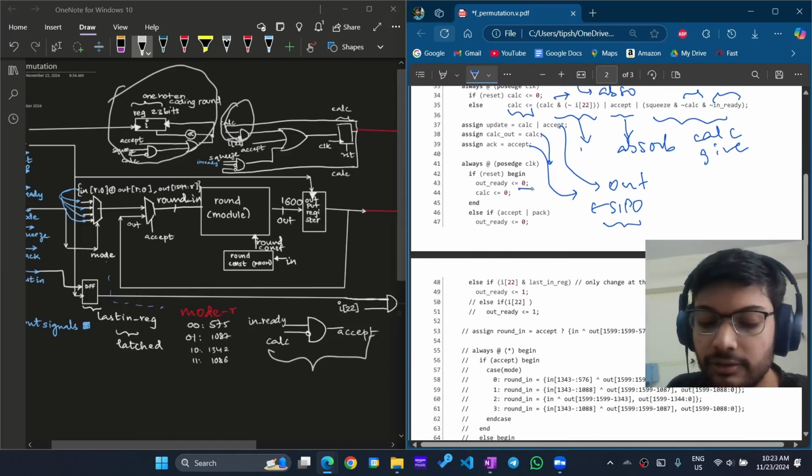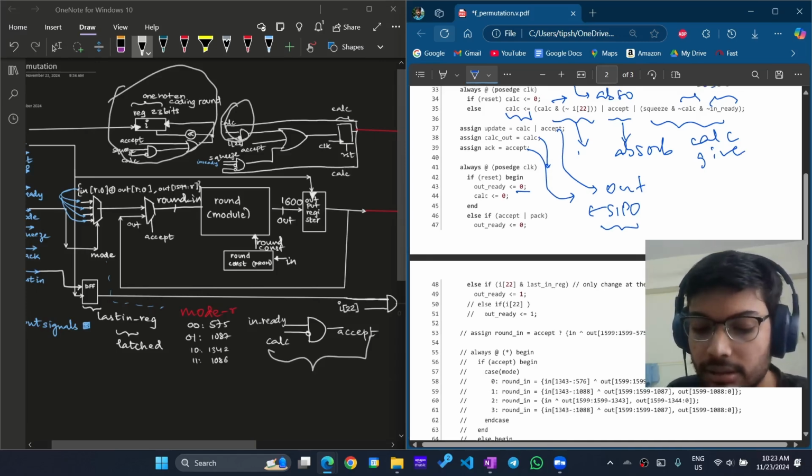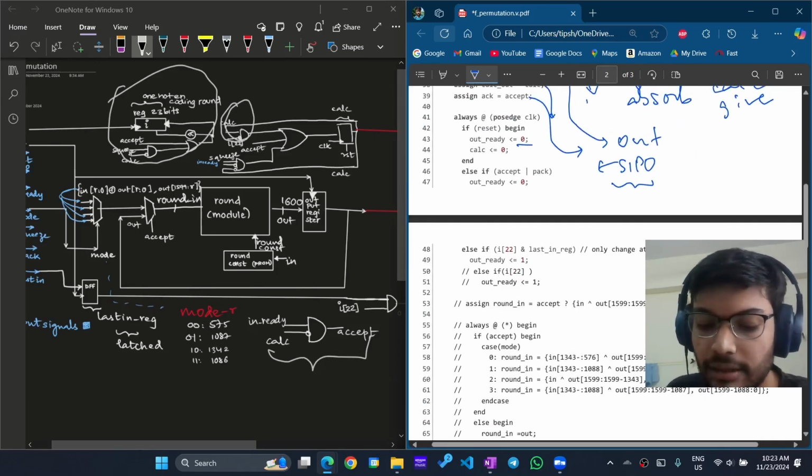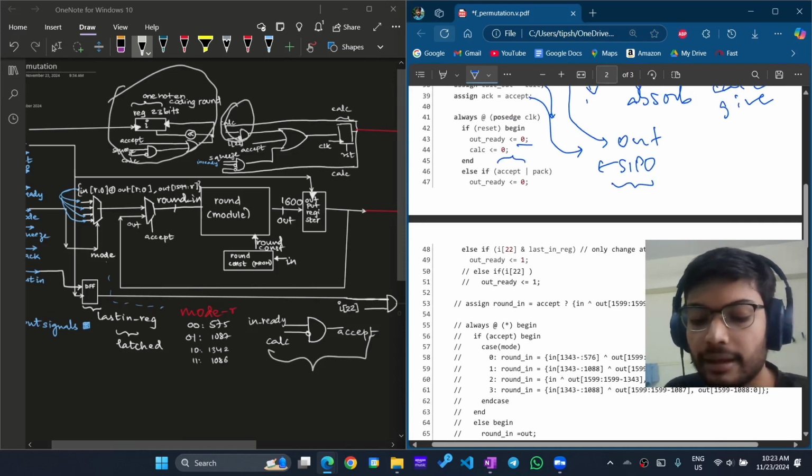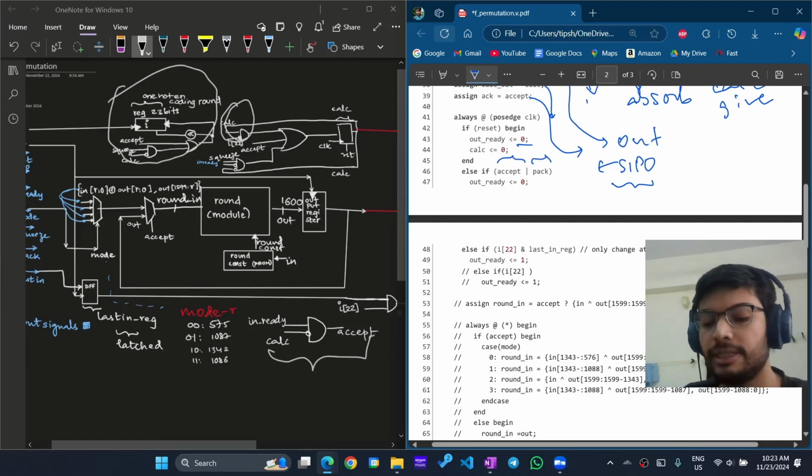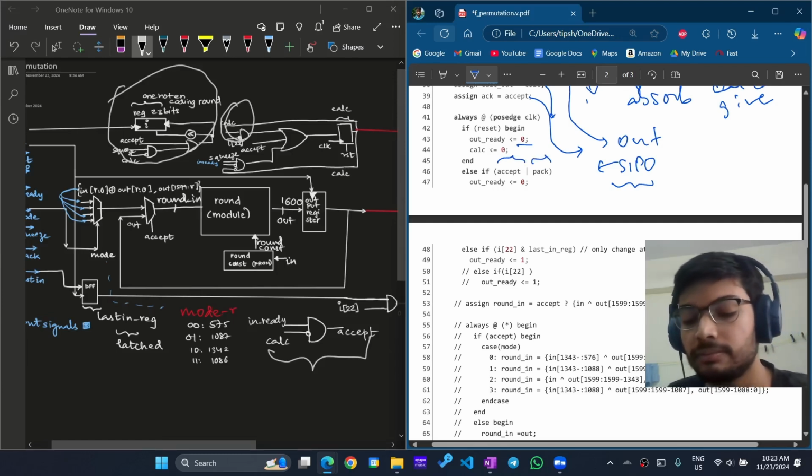Out ready becomes 0 at reset, and it becomes 0 when it is accepting some input to absorb or the PISO has loaded in the output from the output register of F permutation to the parallel register.